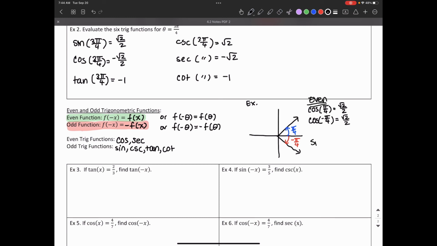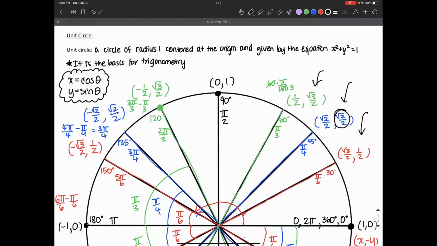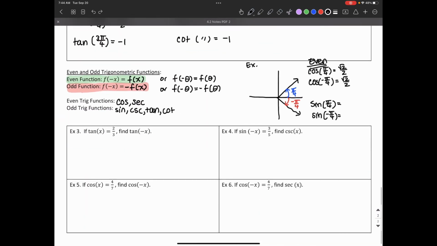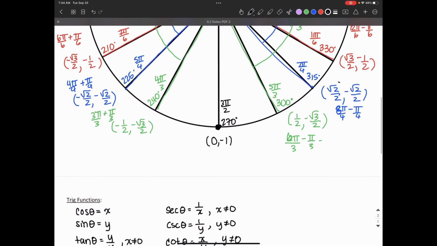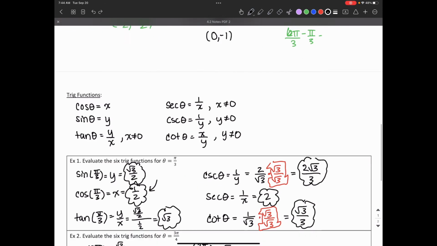And then if I tried sine of pi over 4 and sine of negative pi over 4, sine of pi over 4 is square root of 2 over 2, because it's the y value for sine that I'm pulling. And then for negative pi over 4, that's going to be 7 pi over 4 equivalent, and I know that is negative square root of 2 over 2.